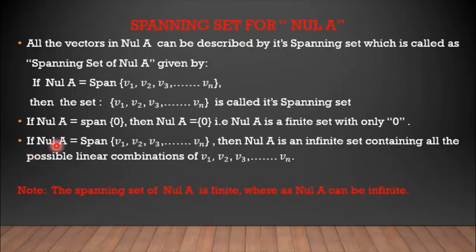Then null A also will have infinitely many vectors. So we have only two possibilities. Either null A has only the 0 element, which is finite, or null A will have infinitely many elements which are linear combinations of v1, v2, v3 and so on up to vn, that is, elements from the spanning set. Hence we can note here that the spanning set of null A is finite, whereas null A can be infinite also.